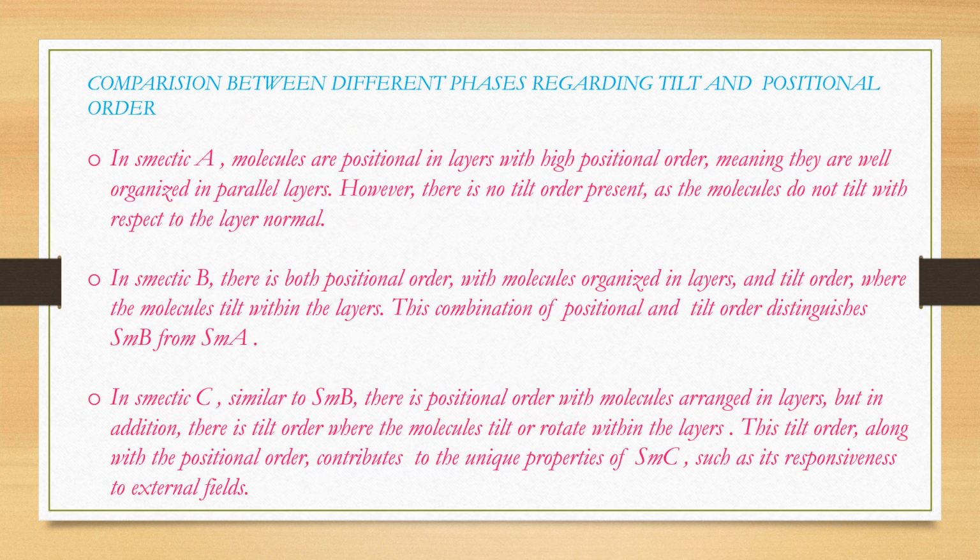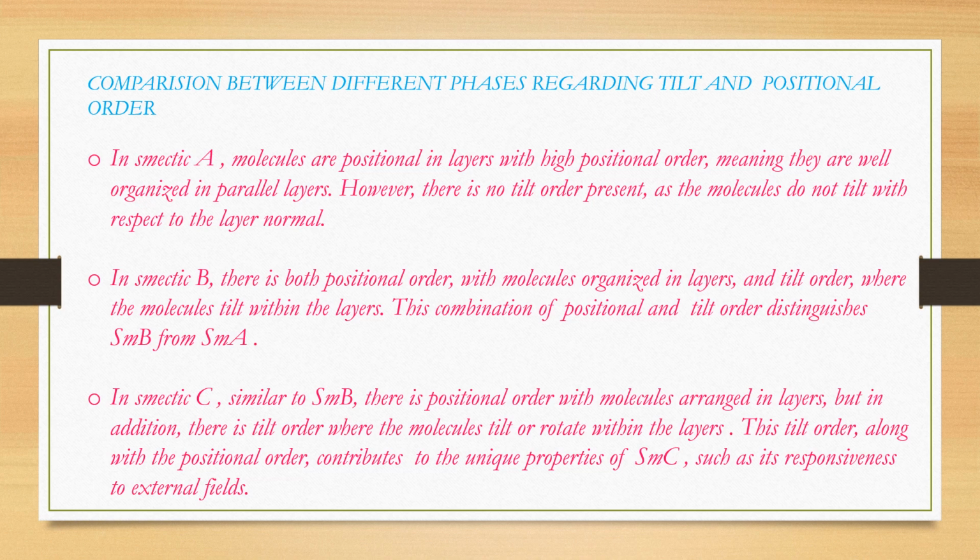Now, we have finished different types of smectics, that is smectic A, smectic B, smectic C and smectic F. Now we will see comparison between different phases regarding tilt and positional order.